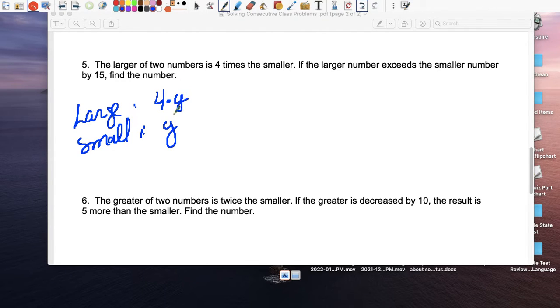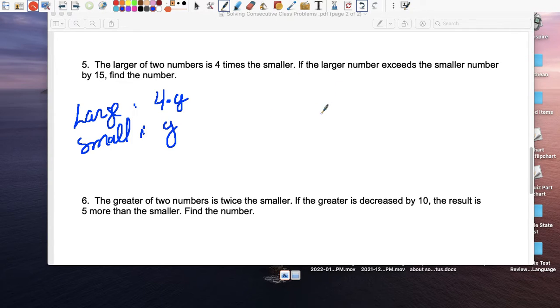So 4 times y. Whatever the small one is, which in this case is y, multiply by 4 and you get the larger. Now, the larger exceeds the smaller. Think about what exceeds means here. It's greater than. The larger is greater than the smaller by 15.